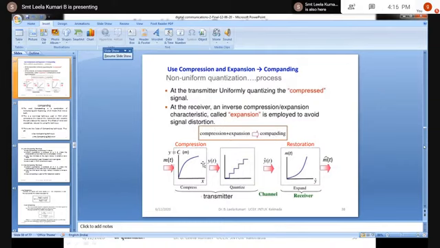So these are the compression characteristics and these are the expansion, or restoration, characteristics. The boosted signals are brought back to their original amplitudes at the receiving end by means of this expander.